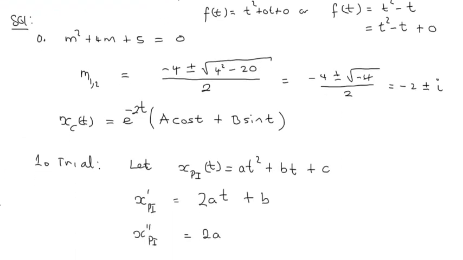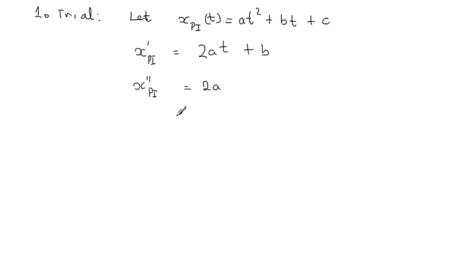So what we're going to do now is take the second derivative, which is 2a, plus 4 times the first derivative, which is going to be 4 times 2at plus b, giving us 8at plus 4b, and 5 times x according to the equation, and this is our x, so we get plus 5at squared plus 5bt plus 5c.